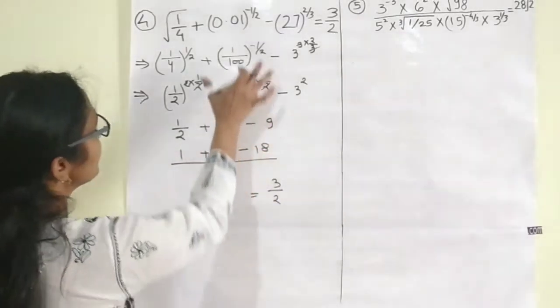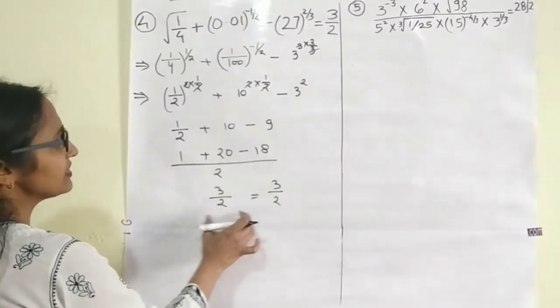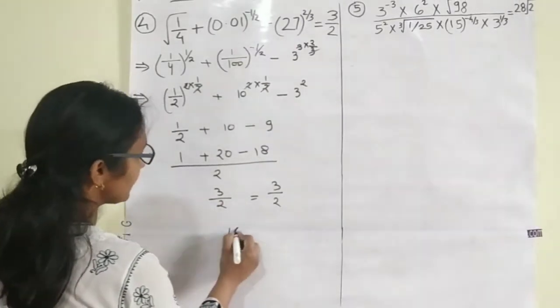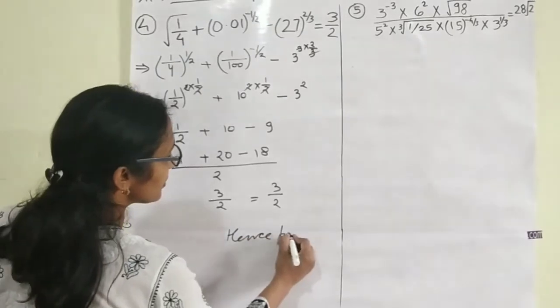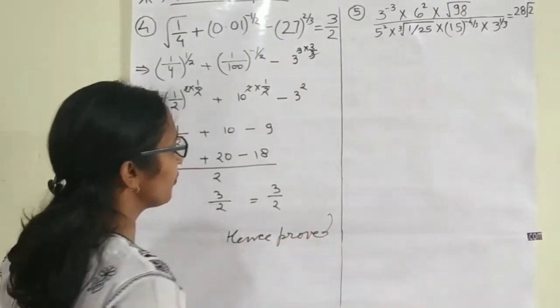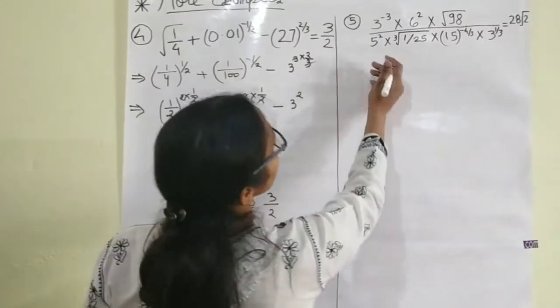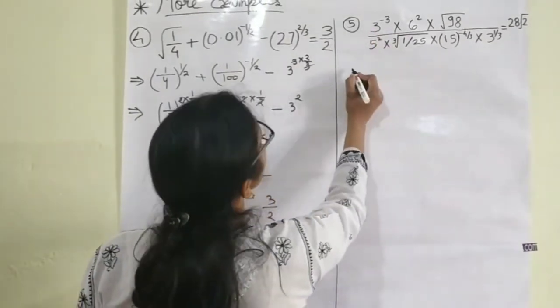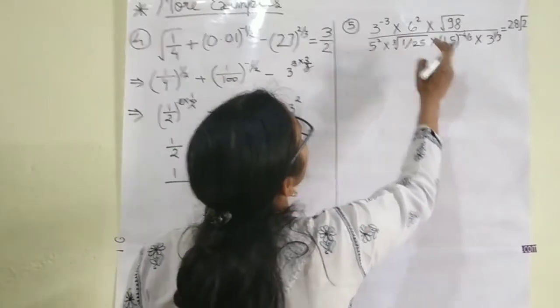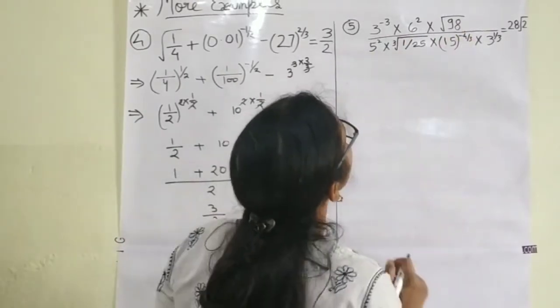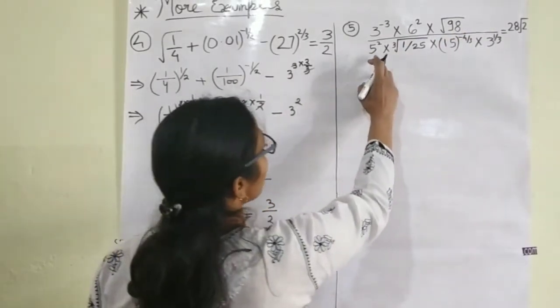Means we have solved the left hand side. So, LHS equals RHS. Hence, proved.